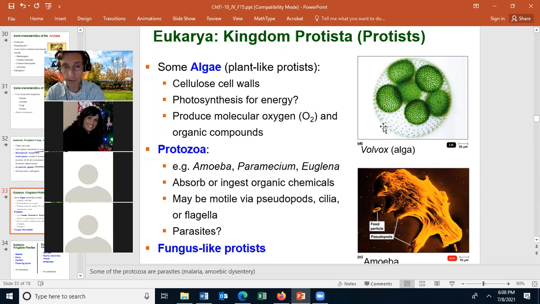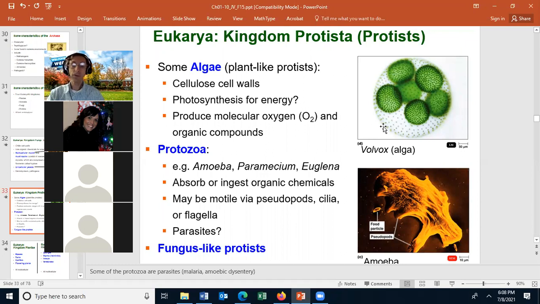Some of them are free living. And I'm sure you've always seen paramecium swimming around under your microscope. That would be a free living protozoa.